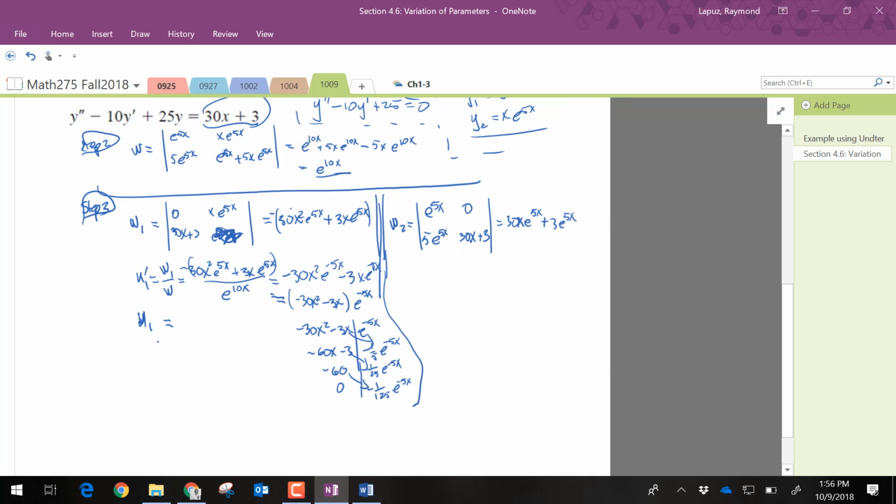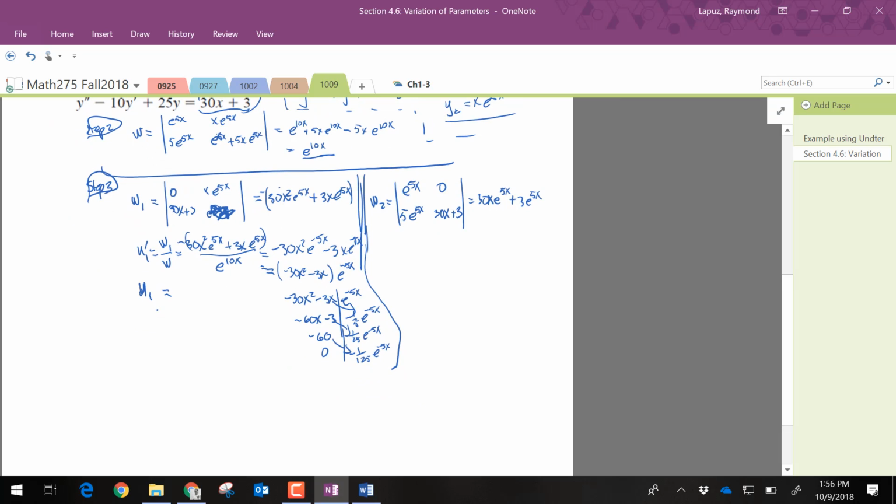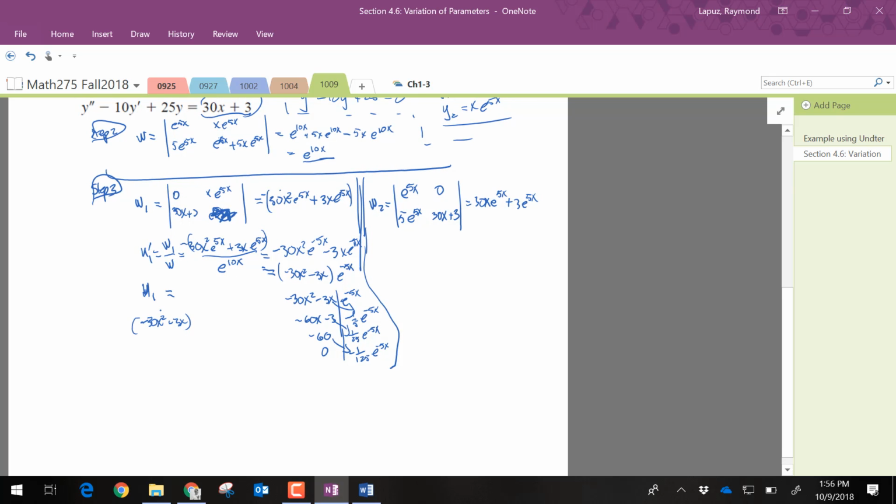So our u1 is going to equal minus 30x squared minus 3x times negative 1/5.